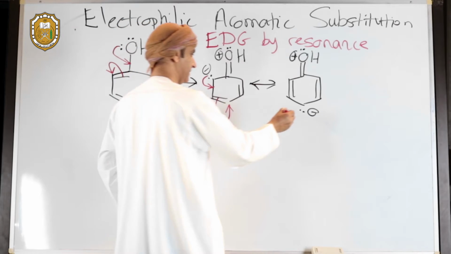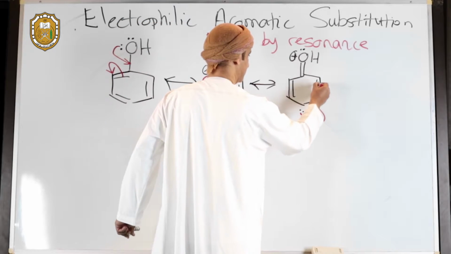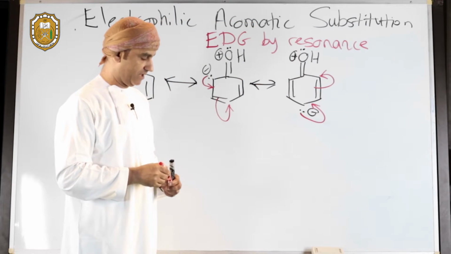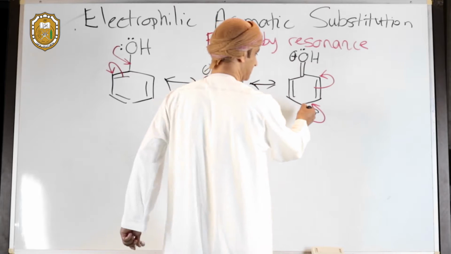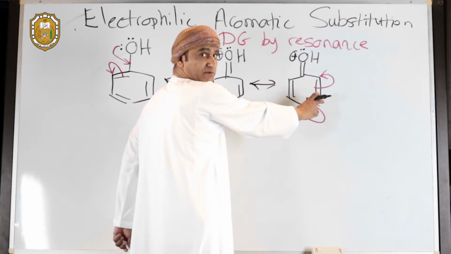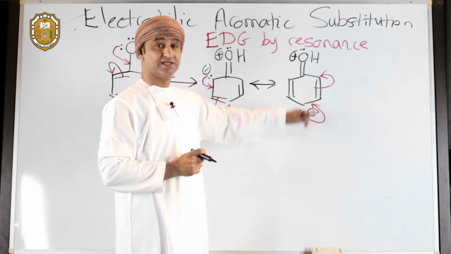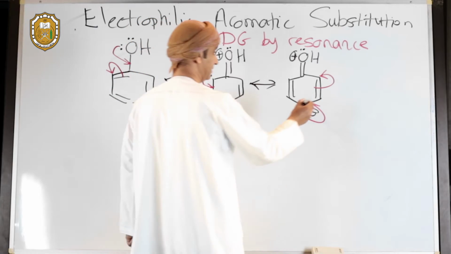We can continue in the same manner by delocalizing electrons on the benzene ring by taking this lone pair and now making a double bond between that carbon and that carbon, and as a result breaking that carbon-carbon double bond.